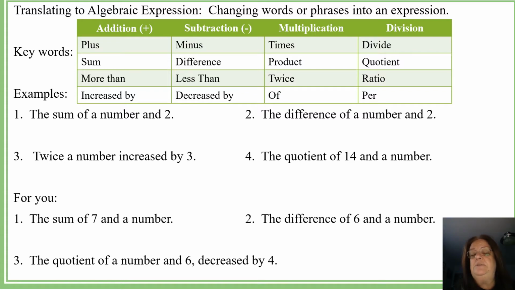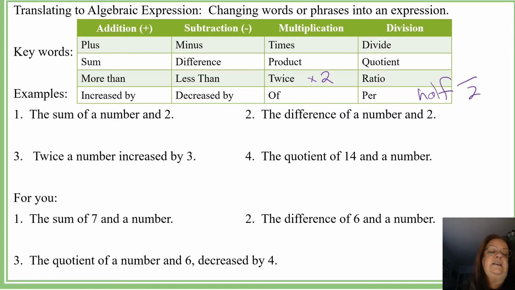Multiplication, you have times, product, twice, of. Now remember, twice a number just means times 2. All right, division: divide, quotient, ratio, per, and just like twice, sometimes you have half, which again means divided by 2.